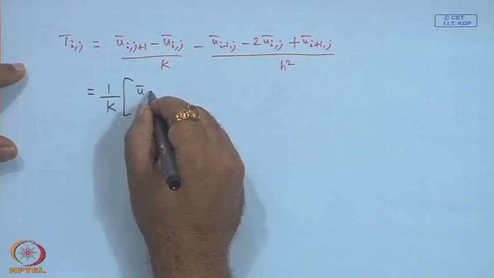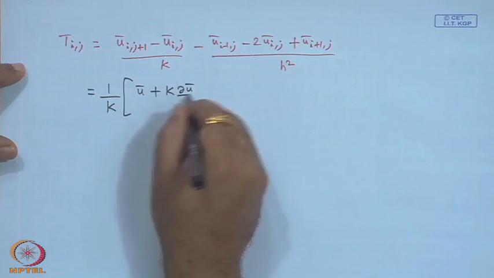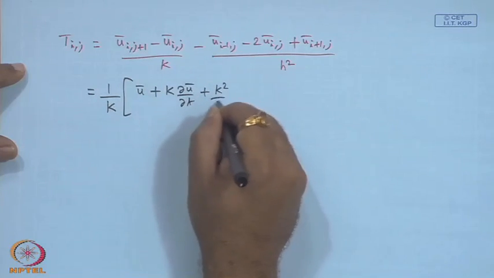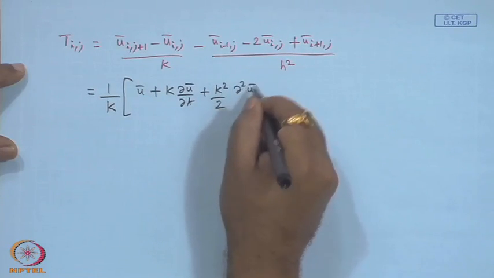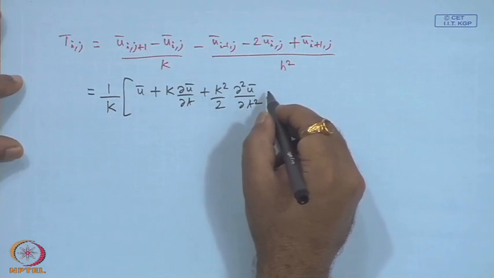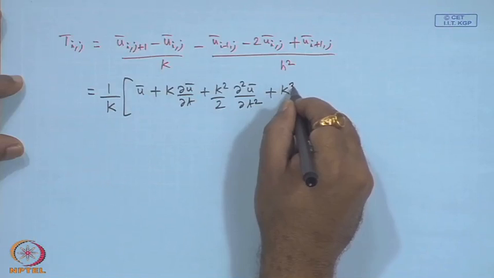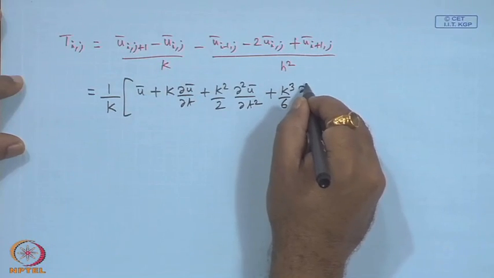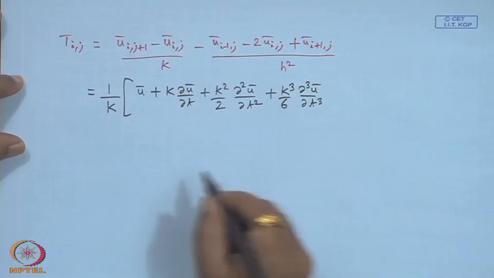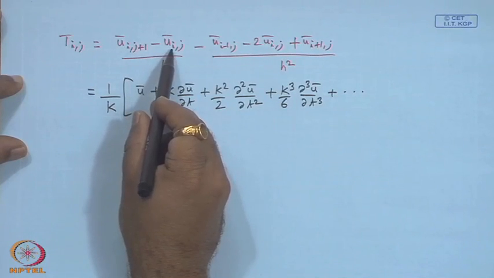Then the next term will be k, okay, then u bar i j.